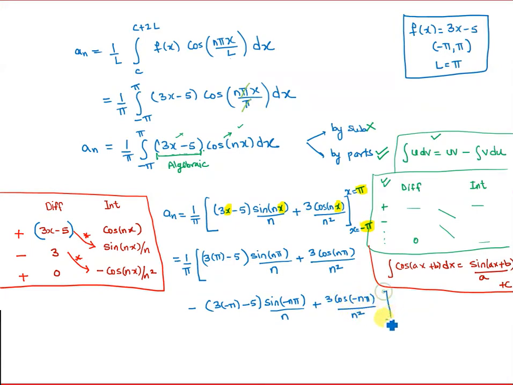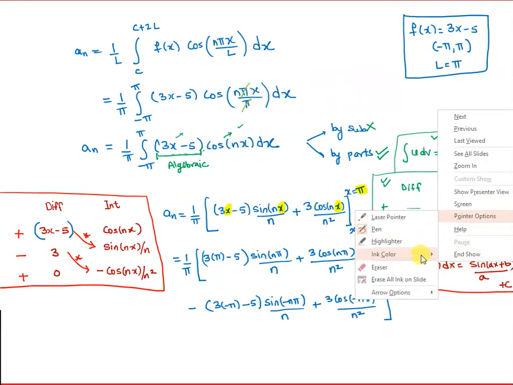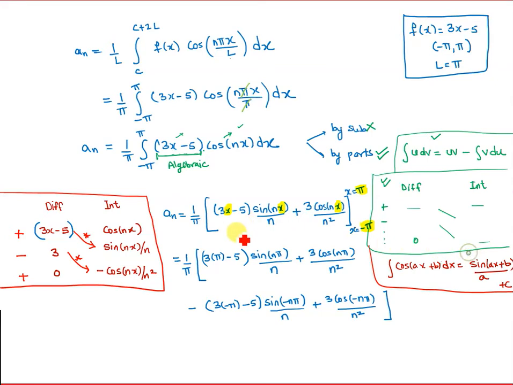Okay, now it's always better to put the terms in brackets to avoid any mistake. So this is the term when we substitute the limit x is equal to pi, and this entire term should be inside one bracket. This is at x equal to pi and this is at x equal to minus pi. Now here we are going to use some standard rule.